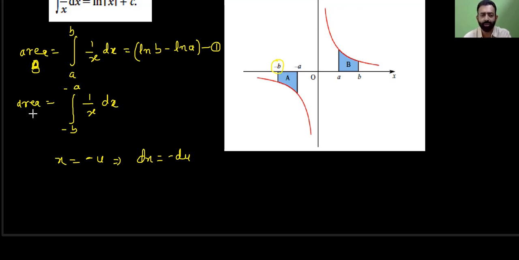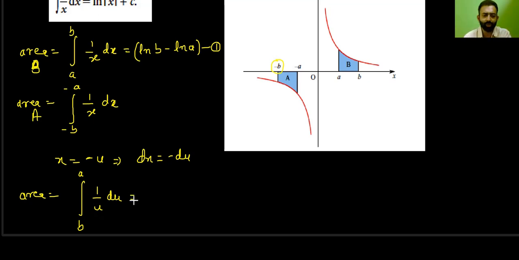So now area A is equal to the integral from lower limit b to upper limit a, and 1 upon x will be minus 1 upon u, and dx will be minus du. This automatically converts it to positive values, because the minus sign of du and the minus sign of u cancel out. So you will get 1 upon u du.